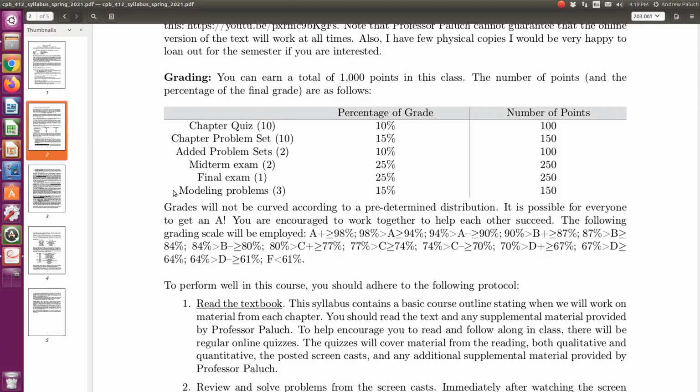But what I'll do is I'll give you MATLAB code that could be used to calculate pure component phase diagrams using Peng-Robinson, SRK, and van der Waals equation of state, and you'll be asked to use those to predict phase diagrams, and then compare that to reference data so that you can make some assessments in terms of how the models work and how they perform. Okay, so modeling problems are intended just to get you working with real data.